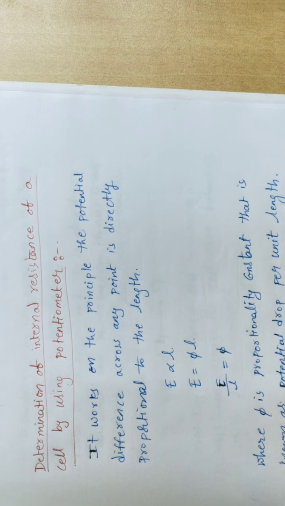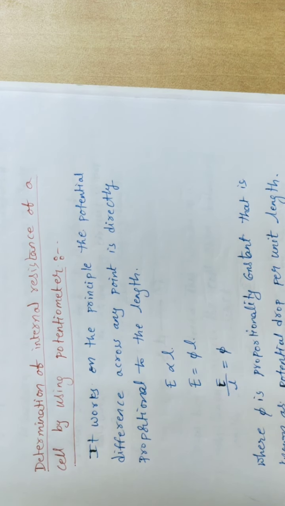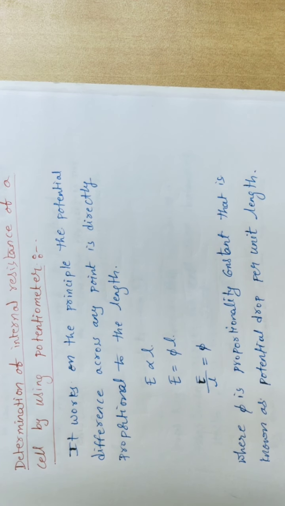That is the principle of the potentiometer. So E is proportional to L, already known. E is equal to phi into L, where phi is a proportionality constant, which we call the potential drop per unit length. So E by L is phi, that is, phi is nothing but the potential drop per unit length, which we already know.